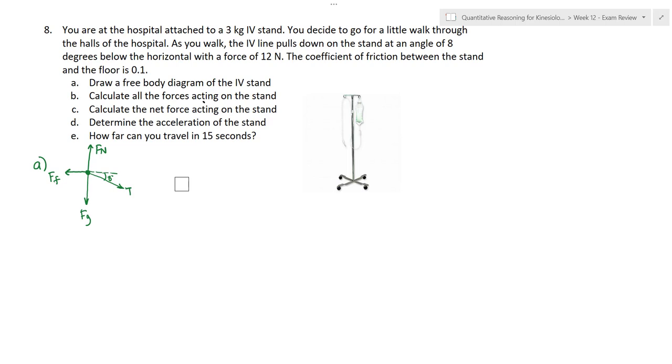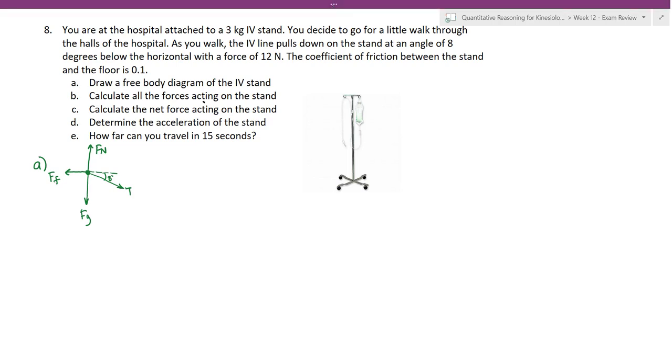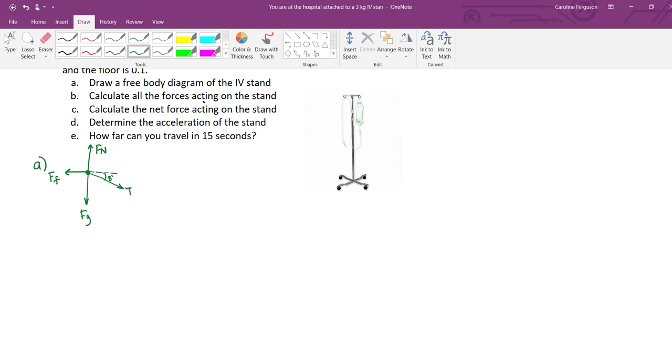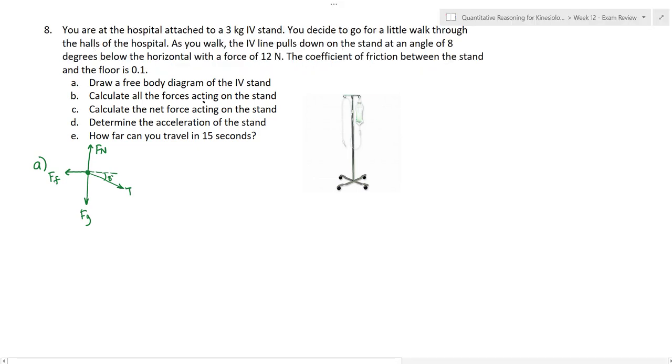We have two forces that have x components and two forces that have y components. This tension force can be decomposed into Tx and Ty, where the hypotenuse itself is T.